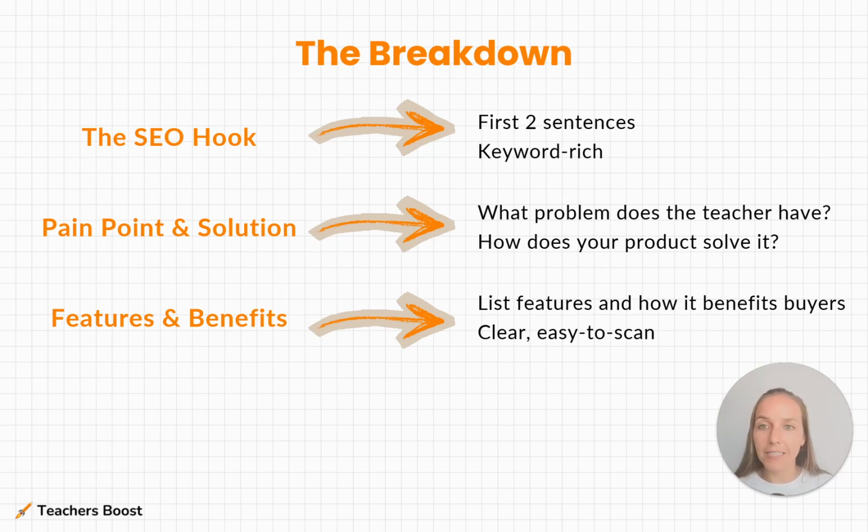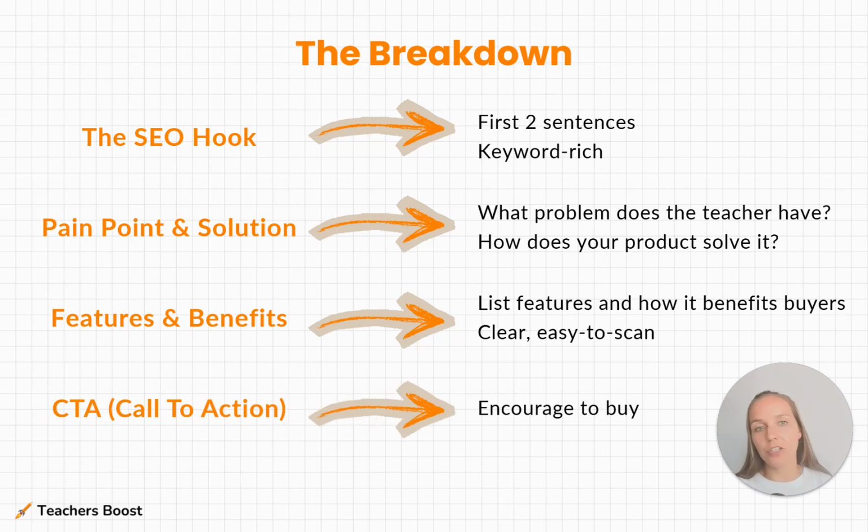Lastly, we have the CTA or the call to action, and this is just a simple closing line which encourages the potential buyers to actually buy the product. So trying to manually blend all of this takes a ton of mental energy. That's why I'm handing it over to AI for the first draft.